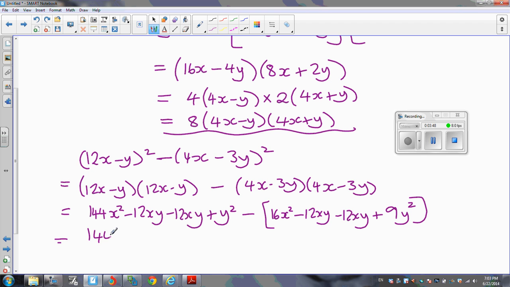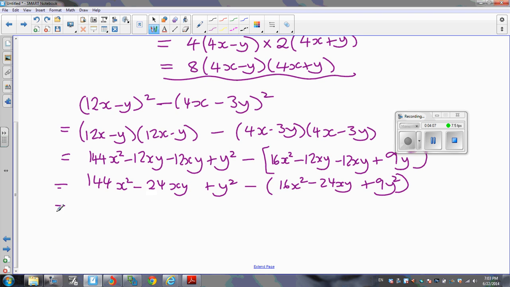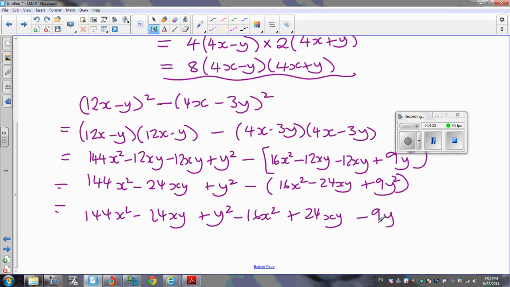So the first lot is 144x squared minus 24xy plus y squared, and that's minus, so you've got 16x squared minus 24xy plus 9y squared. Now all of that's got to be subtracted, so that comes out as 144x squared minus 24xy plus y squared minus 16x squared plus 24xy and minus 9y squared.